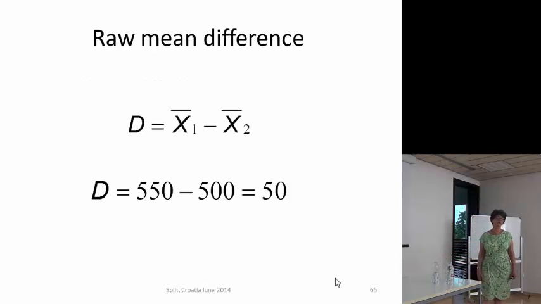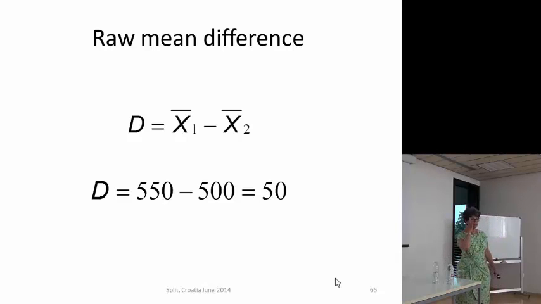It is the mean of the first group minus the mean of the second group. So let's say we're looking at some kind of aptitude test, and the mean of the treated, tutored group is 550, and people who took the test cold had a mean of 500, so the mean difference would be 50.